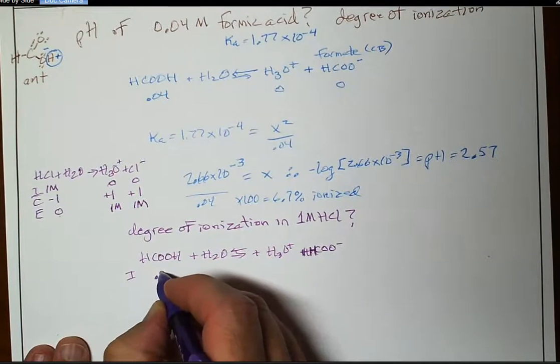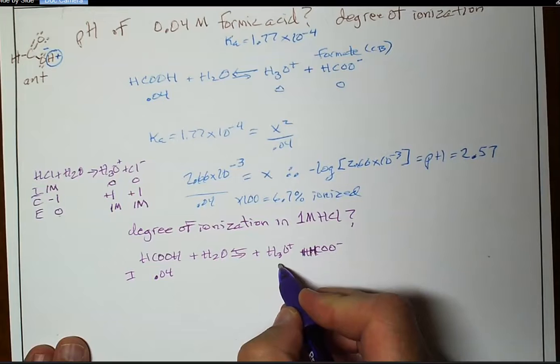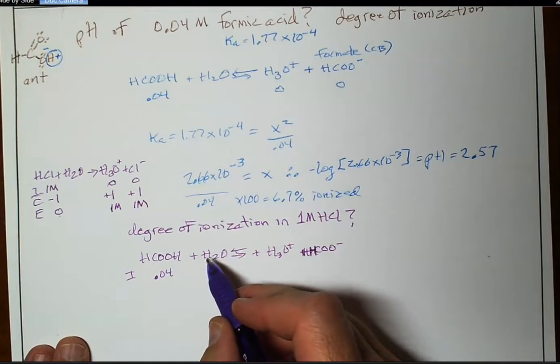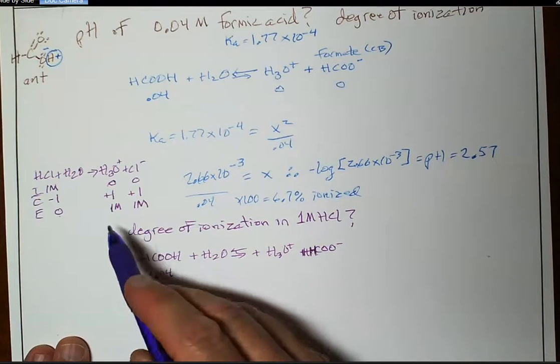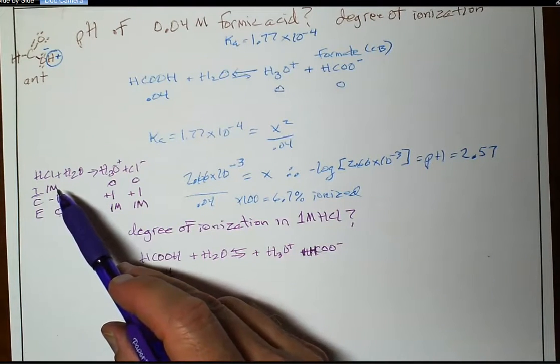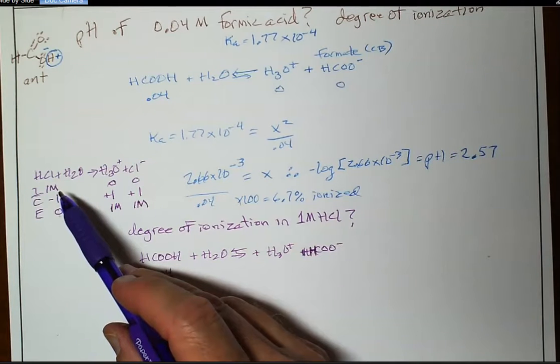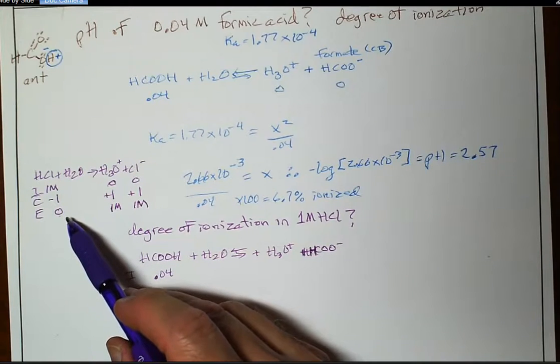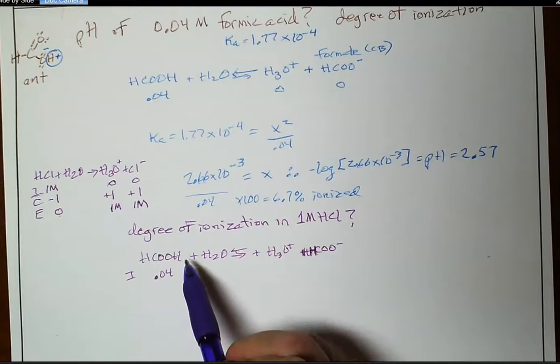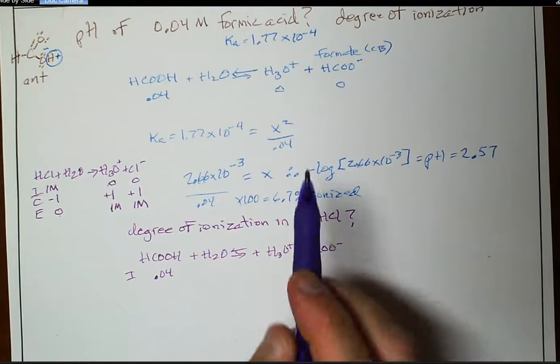Initially, this is 0.04. Is this 0 though? Because we didn't just put this into water. We put this into water that contains what? 1 molar hydrochloric acid. What did that 1 molar hydrochloric acid do? It ionized completely. So how much hydronium's already in the water before we ever add the formic acid?